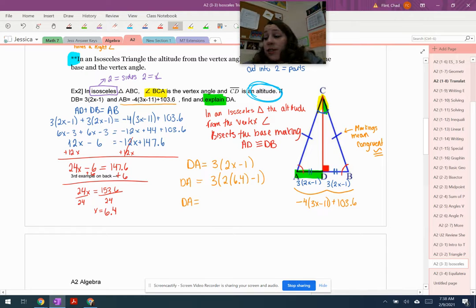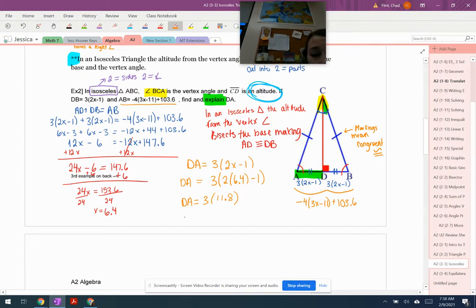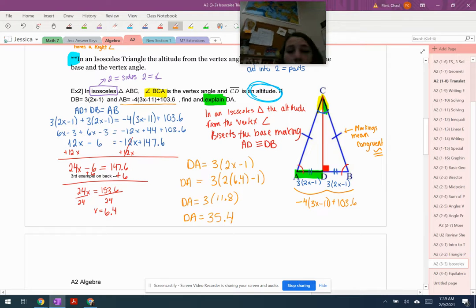Order of operations here, since there's no variables inside my parentheses, 6.4 times 2 is 12.8 minus 1 is 11.8. So 3 times 11.8 gives us 35.4 as the measurement for dA. 35.4. Boom.